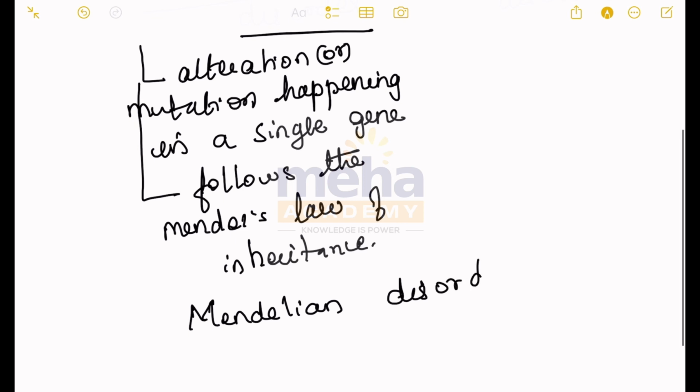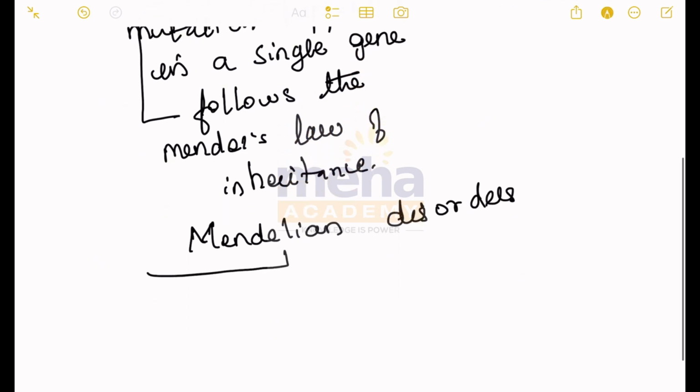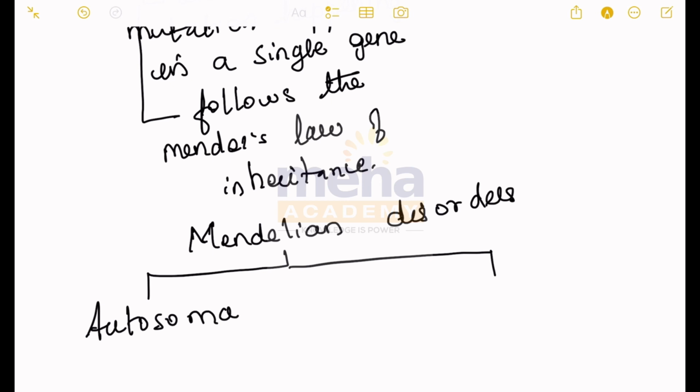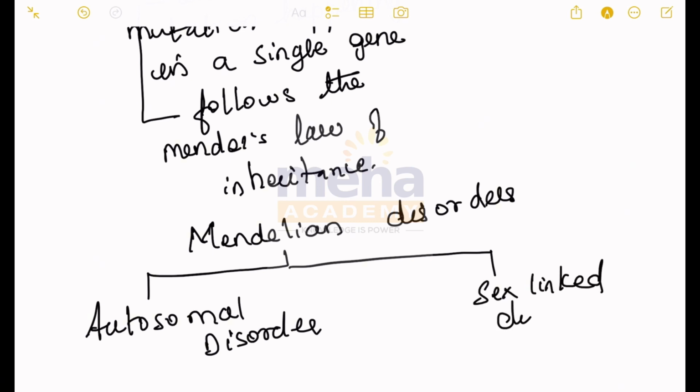Mendelian disorders are further classified into two types. One is autosomal disorder, the other one is sex-linked disorder.